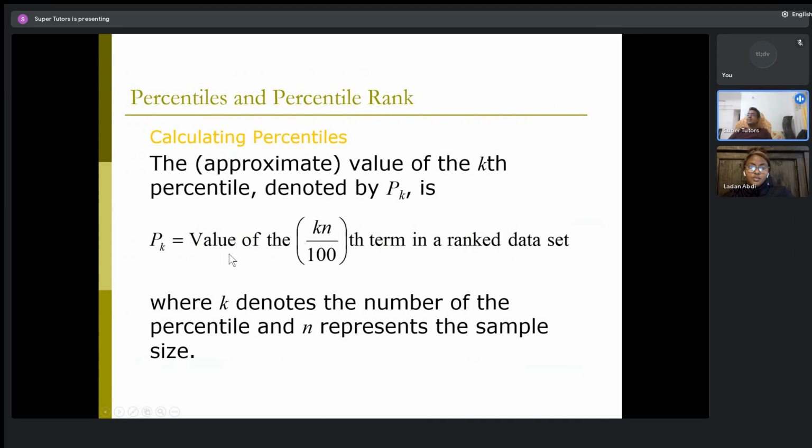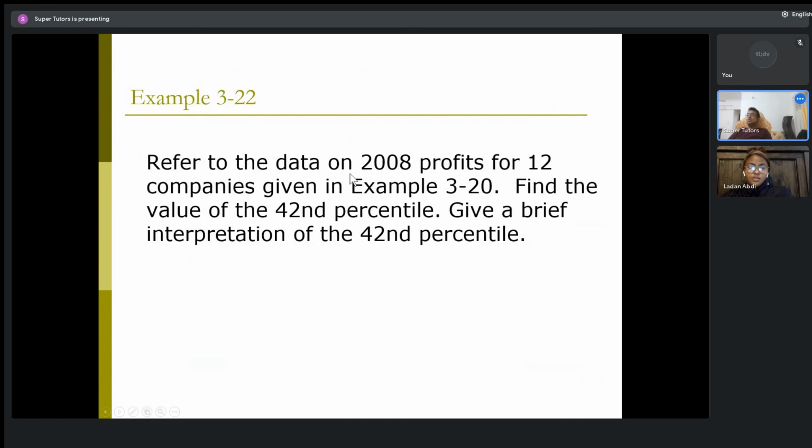You simply grab the value of the kn upon 100th term in a ranked dataset, where k denotes the number of the percentile and n represents the sample size. Right? So, let's see an example.